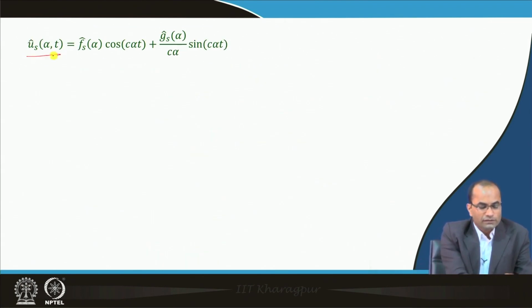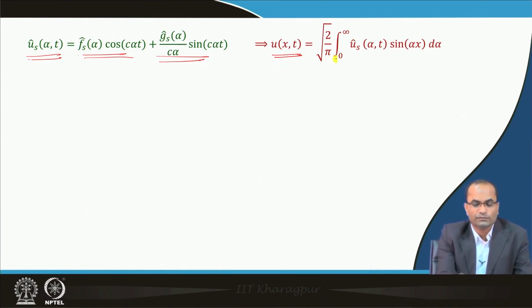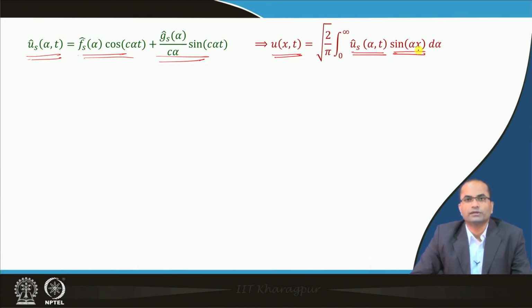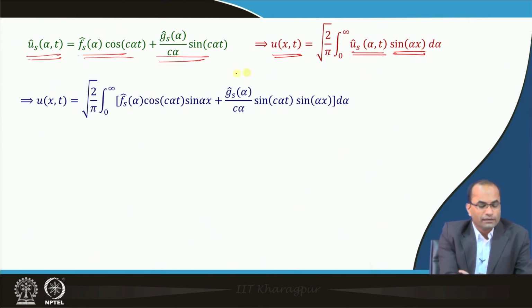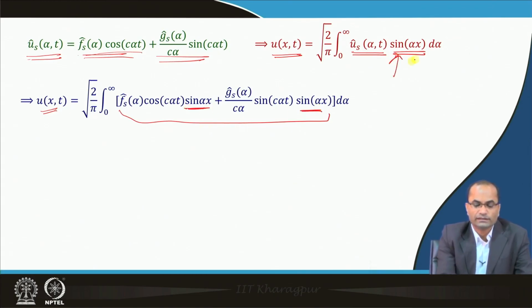So, we have the expression for the Fourier sine transform given here, and then we can take the inverse Fourier transform, that means this u s hat (alpha, t) will come here, and then we have sine alpha x d alpha because of this inverse sine transform. And then we have this u(x, t), where we have substituted this value of u s hat alpha, and sine alpha x was already there in this formula.